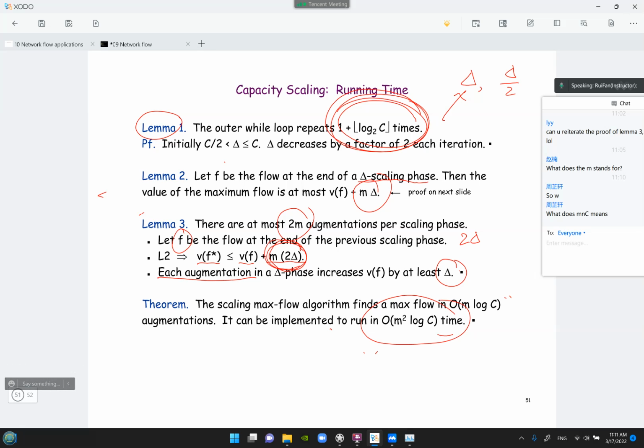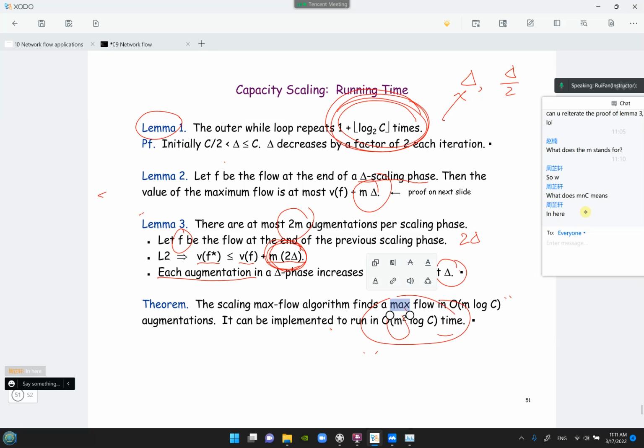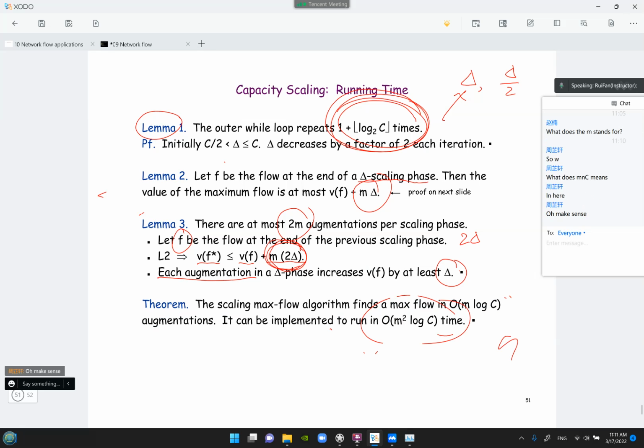What does m times n times c mean? m is the number of edges, n is the number of nodes, and c is the maximum capacity. So here the running time is going to be the number of edges squared times log of the max capacity for this thing.